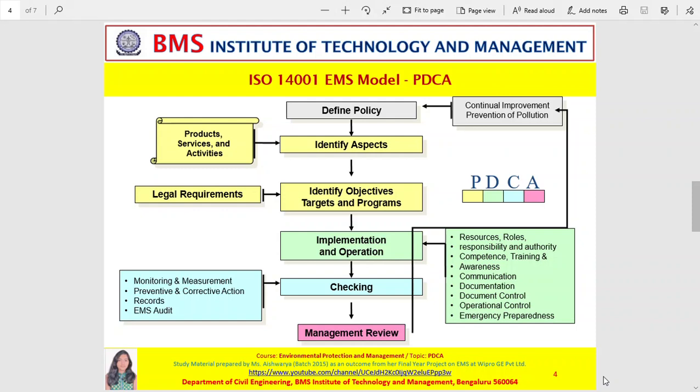Thereby, a thermal power plant is under the legal requirement of the Air Act. This means that any thermal power plant must obey and abide by the rules prescribed under the Air Act. Similarly, in a tie and dye industry, the industry must abide by the rules of the Water Act.